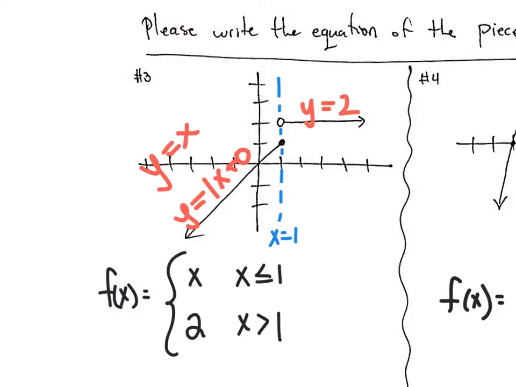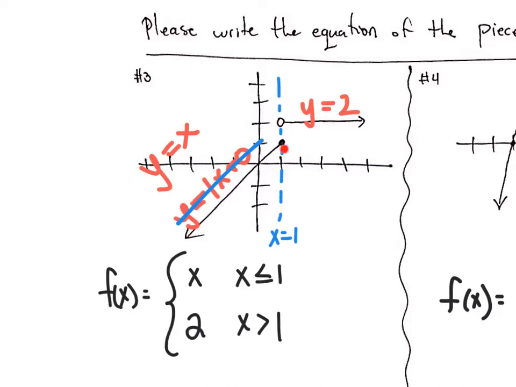So next to the line or parabola or whatever, I'm writing the equation of it. So the equation of this line is y equals x. Equation of this line is y equals 2.